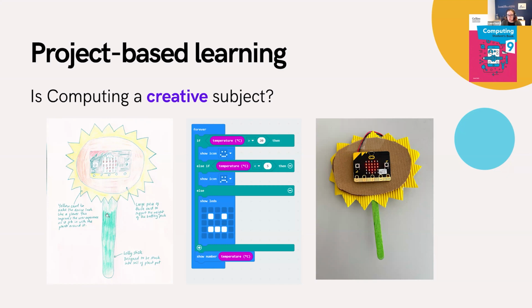So they think about what the design is for this particular project, which is to create a sensor and display the information. The example given here is a sensor for a plant which senses the temperature and then displays either a smiley face or a sad face, depending on if the temperature is appropriate.